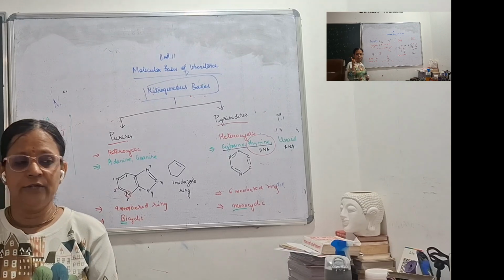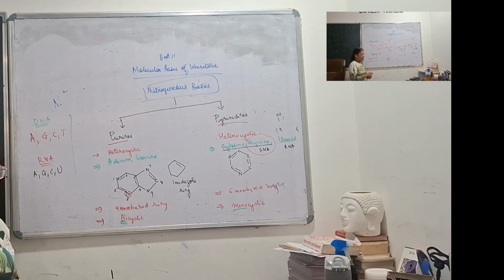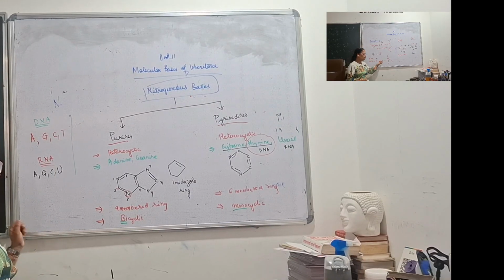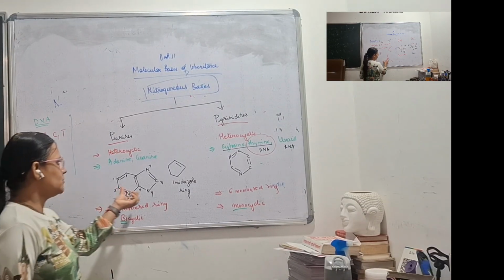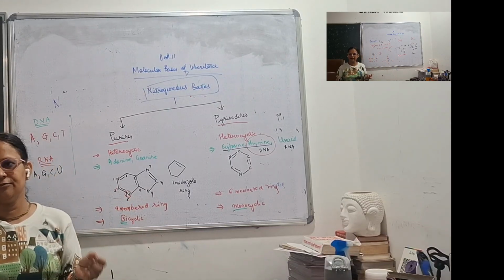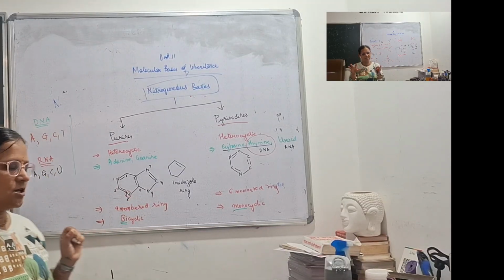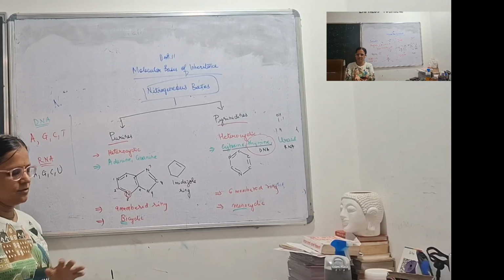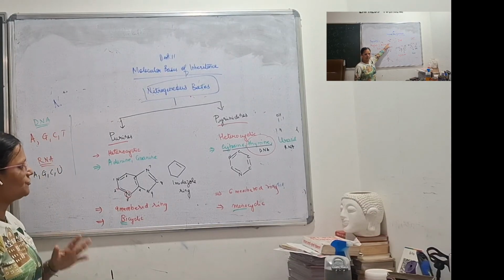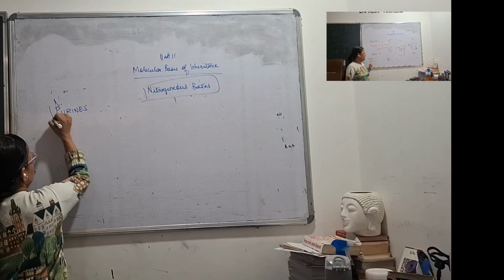So during mutations, it is quite likely that some abnormal nitrogen base is being formed. Okay. So if we know the structure of the normal base, then we can identify that this base is a mutated base or abnormal base. So we are going to study the structures of these 5 bases.